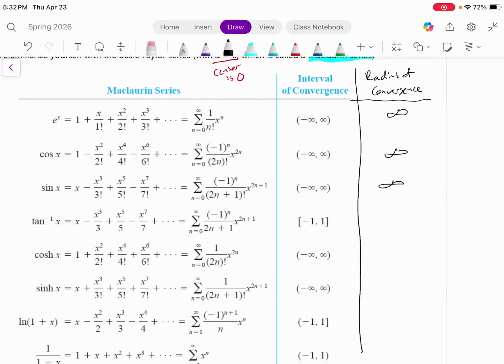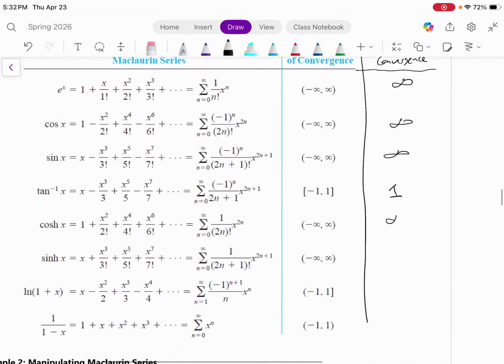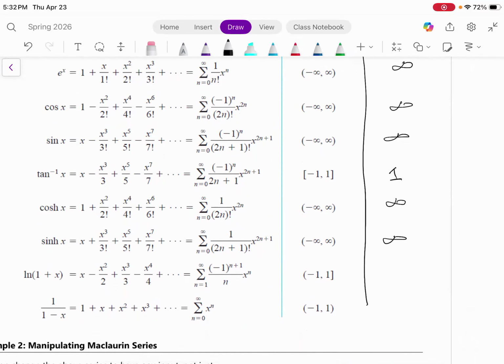Same thing for cosine and sine. For inverse tangent, our interval of convergence is -1 to 1, so the radius of convergence is 1. For cosh and sinh, it's infinity as well. Same thing for natural log, a radius of 1.